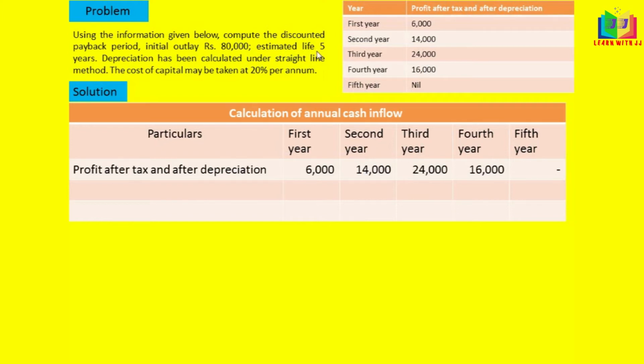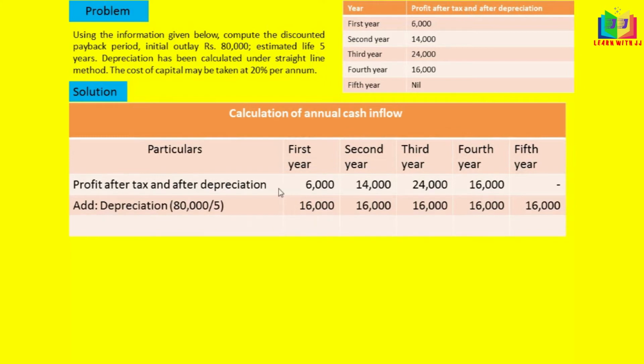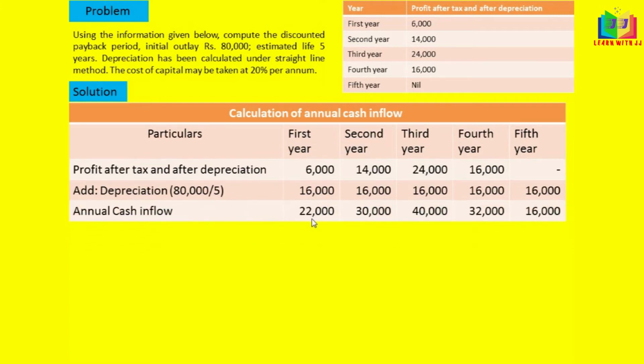So 80,000 divided by 5 gives the depreciation, that is 16,000. If we add this, we'll get the annual cash inflow: first year 22,000, second year 30,000, third year 40,000, fourth year 32,000, and fifth year 16,000.